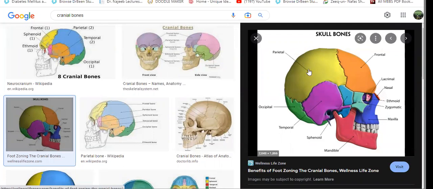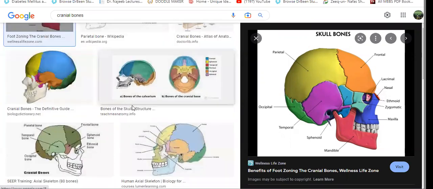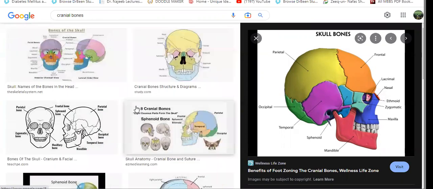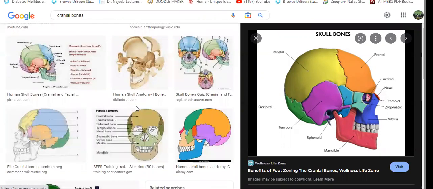After the frontal bone there is a notch-type structure, and this is the parietal area. If we see from the top view, we will get two bones. Is there any image from the top view?